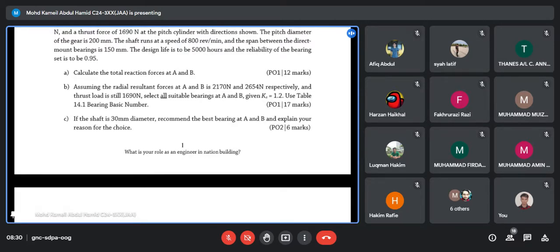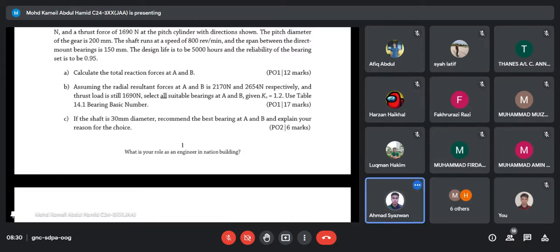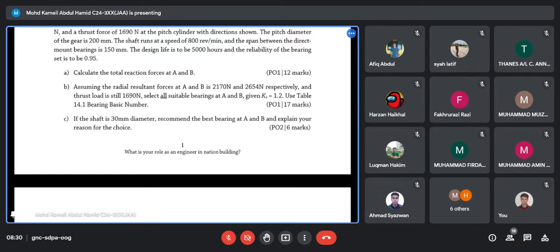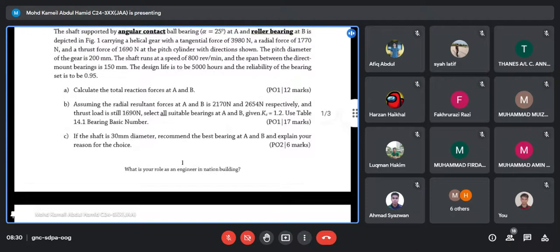Ini markah yang tinggi sikit untuk test. Syazwan ada. Syazwan try soalan B dan juga Afiq. Okay, untuk B nanti kita minta tolong share Syazwan dengan Afiq. Okay, we'll give you half an hour.